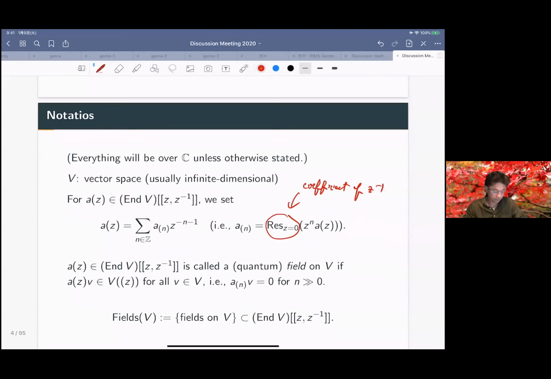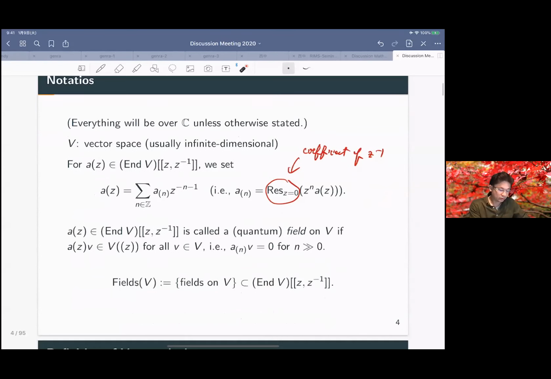So there we are. This formal series is called a quantum field. It's a field if, applied to any vector of V, you get only finitely many negative powers of z. This is the same as saying that, using this notation, A_n applied to v is 0 for sufficiently large n.